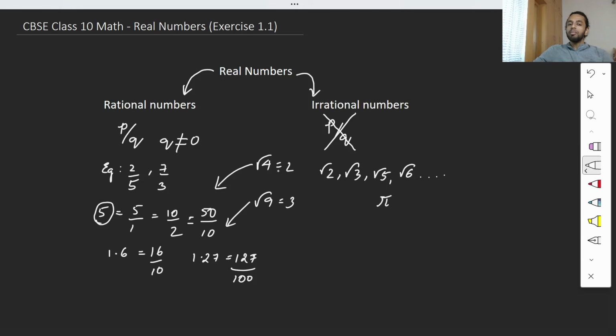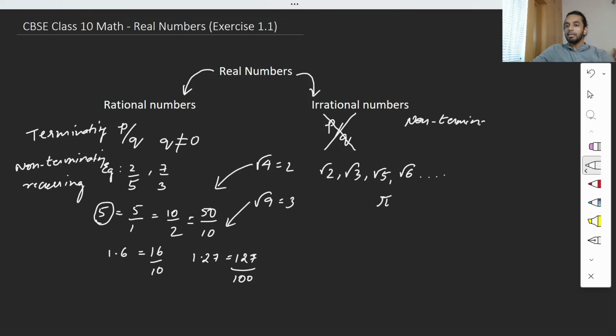Now, there is one more stark distinction between rational numbers and irrational numbers. Rational numbers have either a terminating decimal expansion or a non-terminating recurring decimal expansion. Whereas irrational numbers have a non-terminating, non-recurring decimal expansion.